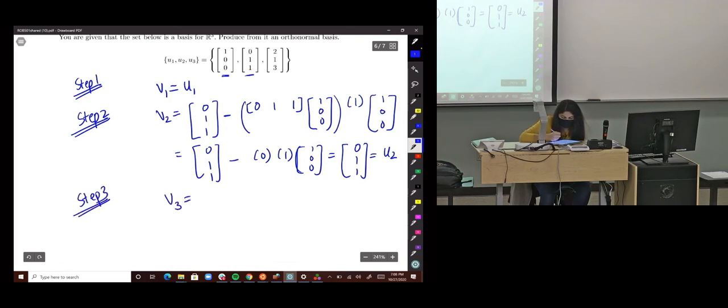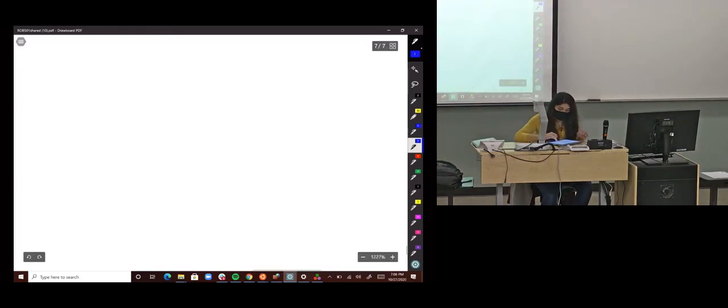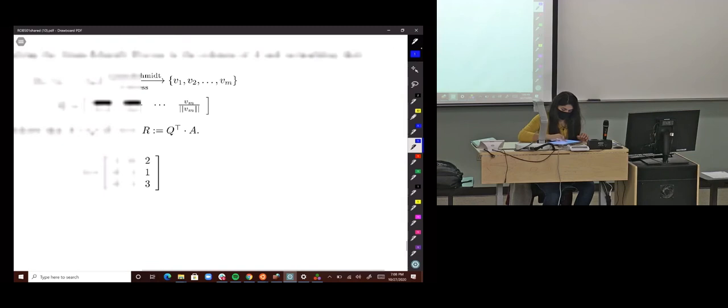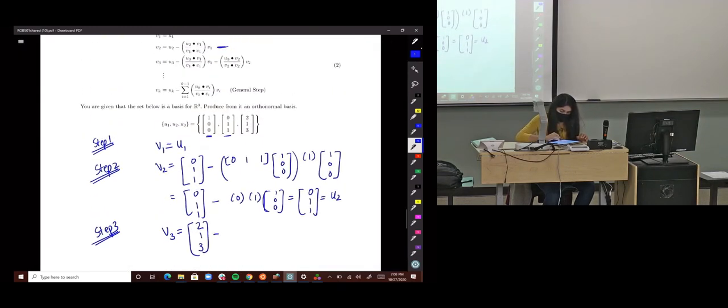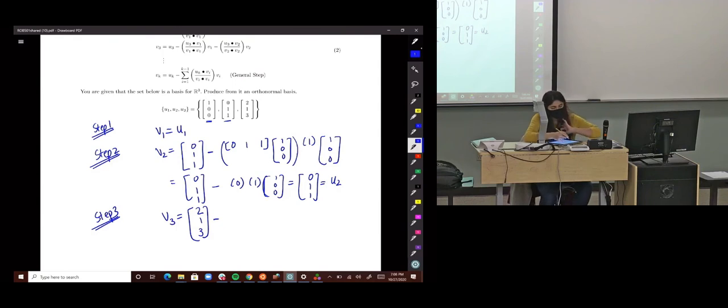Finally, the third element is u3, which is 2, 1, 3, minus u3 dot v1.